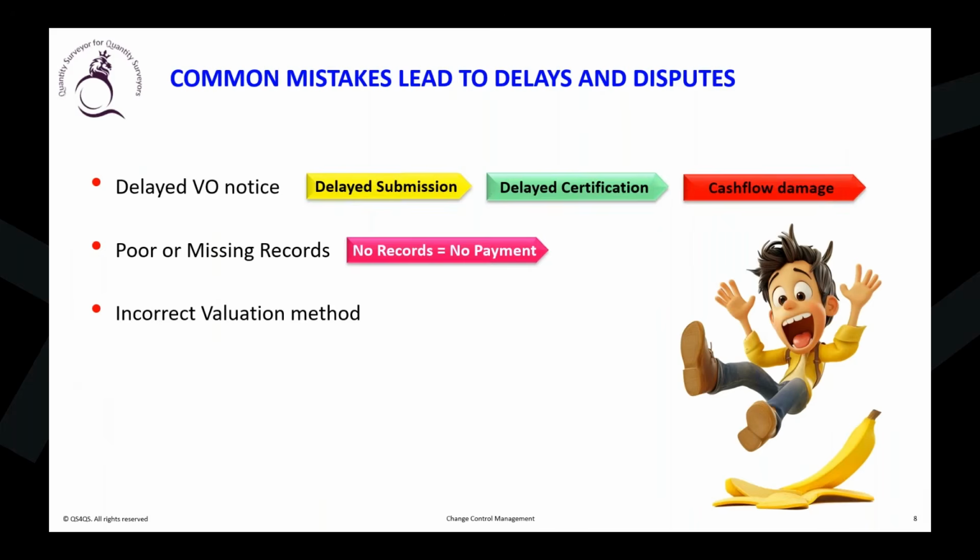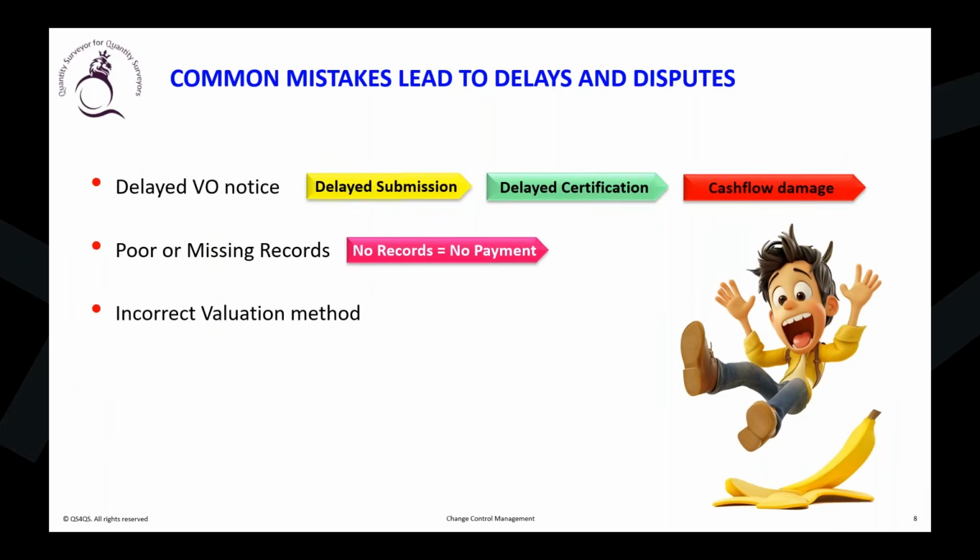There are so many different types of procurement routes available. Since you are practicing in a different area, you don't know how to manage a new procurement introduced to you. Let's say you are working under a traditional lump sum contract. If you get a chance to work with a traditional remeasurement contract, you don't know how to manage the variation. You try to apply the same mechanism that you applied under the lump sum contract, which is absolutely wrong.